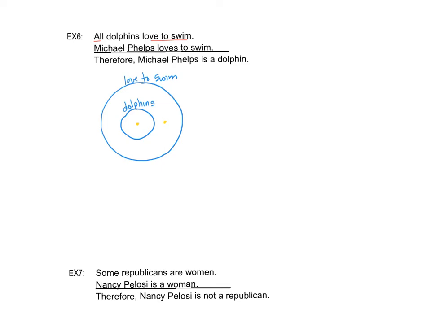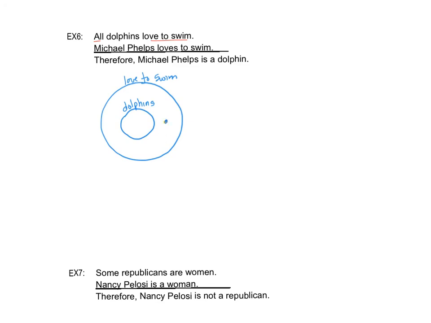So remember, if you have choices, see if one of those choices will make the conclusion false. So Michael Phelps is a dolphin would mean I would put the dot inside the set of dolphins. But I'm not going to do that.